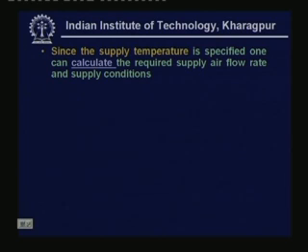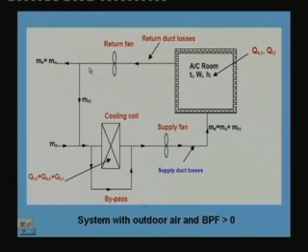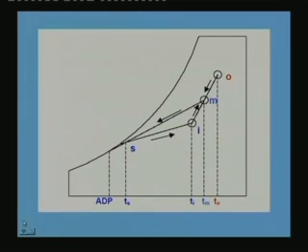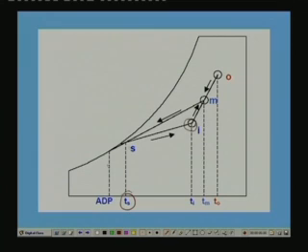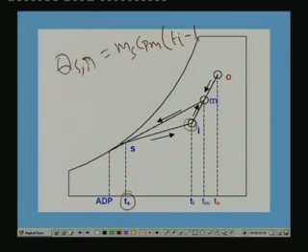So, since the supply temperature is specified, one can calculate the required supply air flow rate and supply conditions. Okay, so what I am saying is, we know this temperature, and this temperature is known to us. We also know the sensible load on the building. So, we have seen this equation before. This is equal to Ti minus Ts.